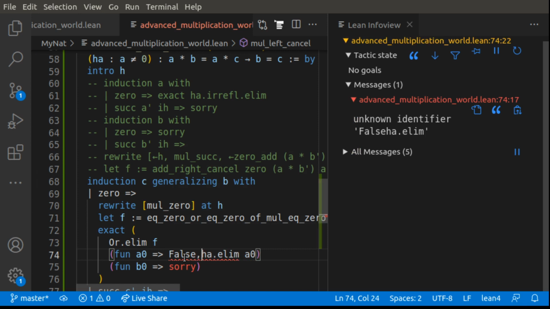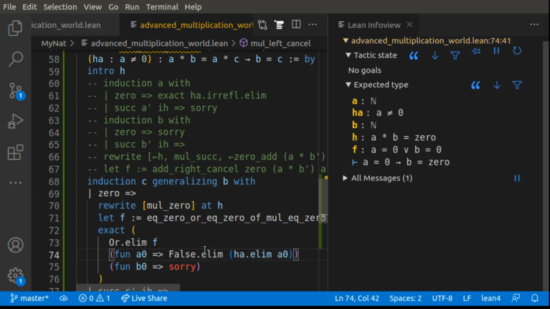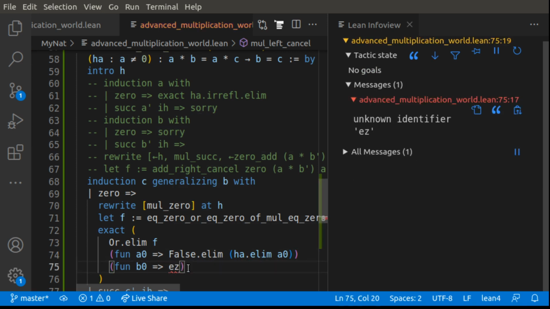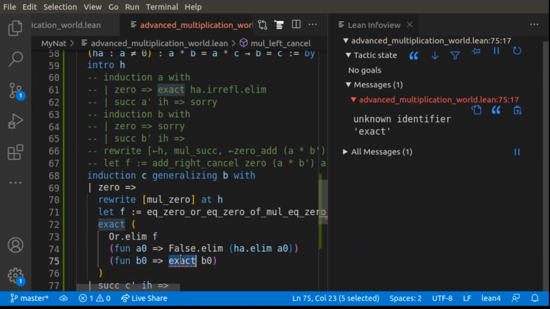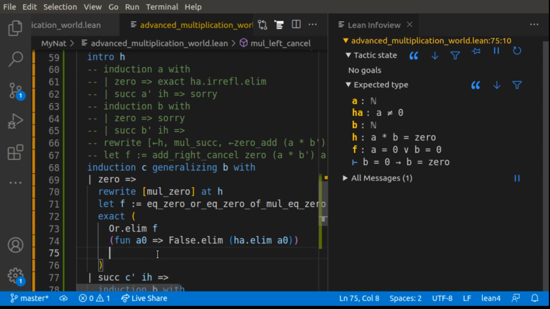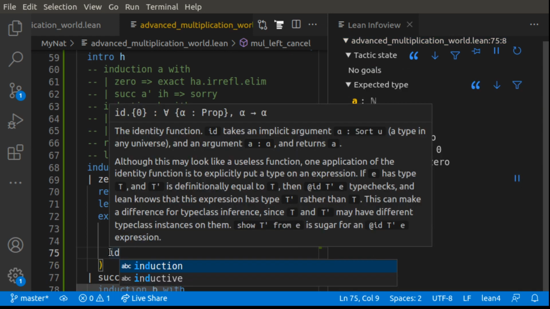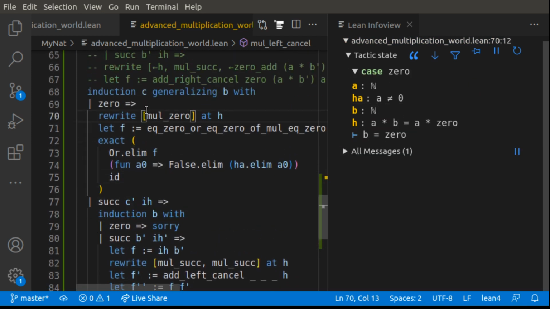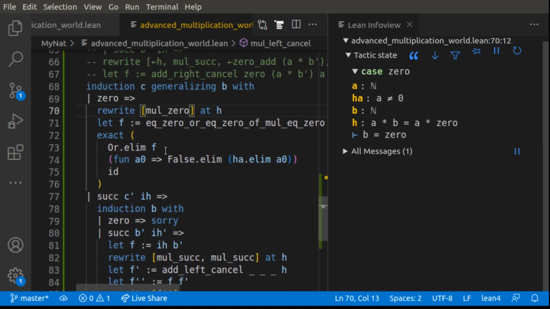False dot elim. Okay, that takes care of that case. Now exact b0. Just b0. Oops. b0. I guess here we just put the identity function, right? ID. Yes, the identity function. This is the identity function. This takes care of that case. And we finished our first sorry, and that was kind of an involved base case.